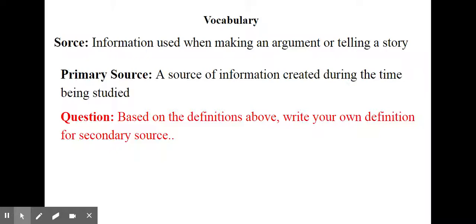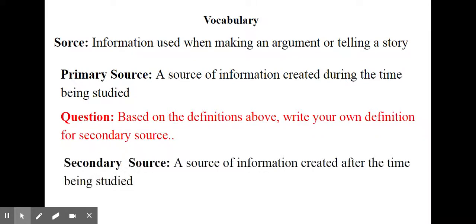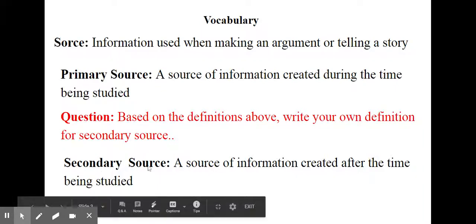All right, whatever you wrote, as long as you put thought into it, it's good, you'll get some credit for it. But the official definition for a secondary source is a source of information created after the time being studied. So a primary source comes first and is created during the time being studied. A secondary source comes second and is created after the time being studied.